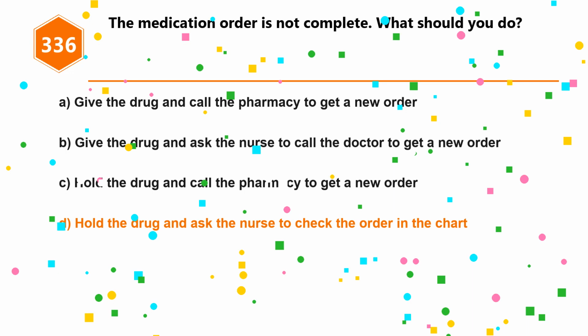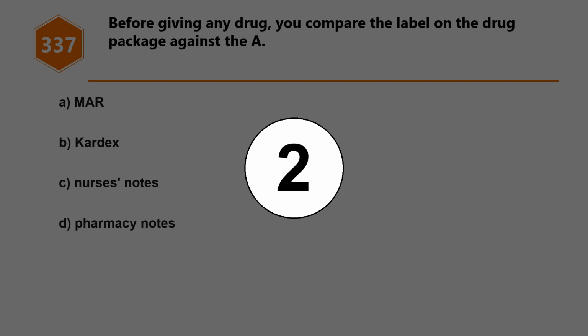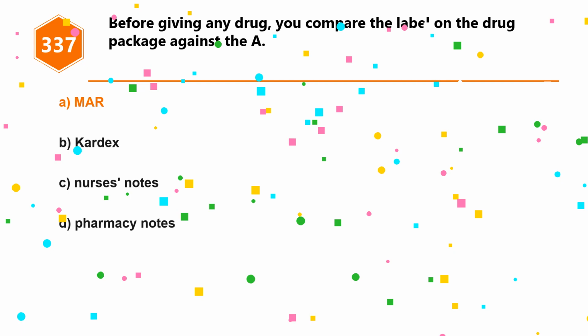The correct answer is option D, hold the drug and ask the nurse to check the order in the chart. Question 337. Before giving any drug, you compare the label on the drug package against the A. Option A, MAR. Option B, Cardex. Option C, nurse's notes. Option D, pharmacy notes. The correct answer is option A, MAR.